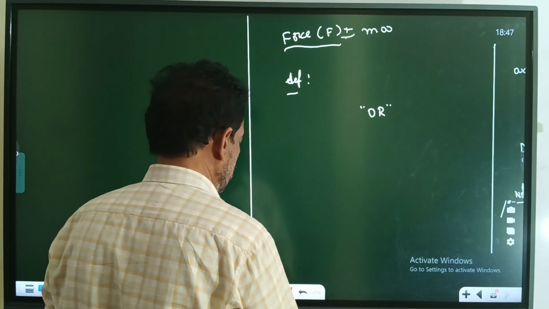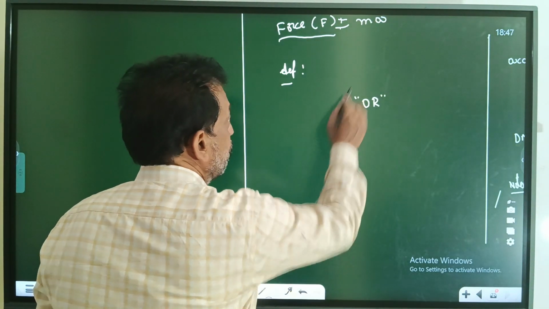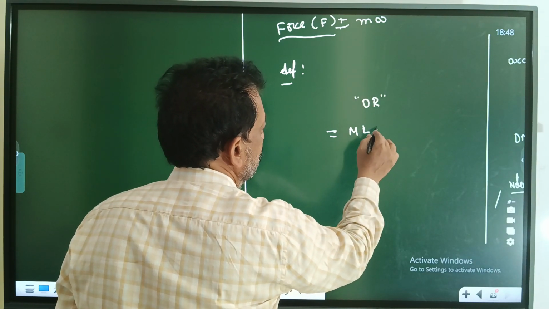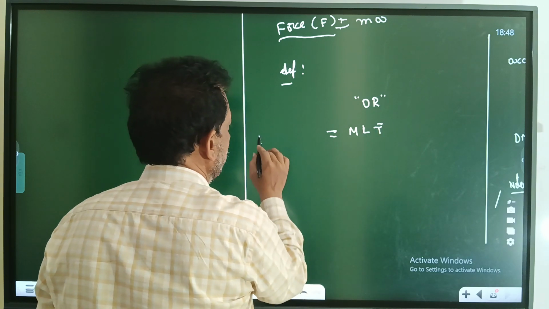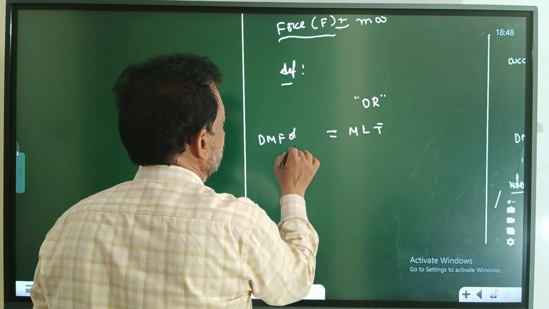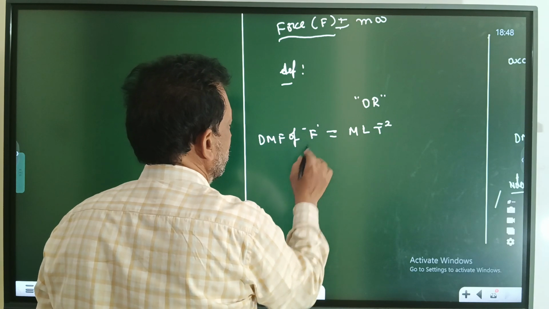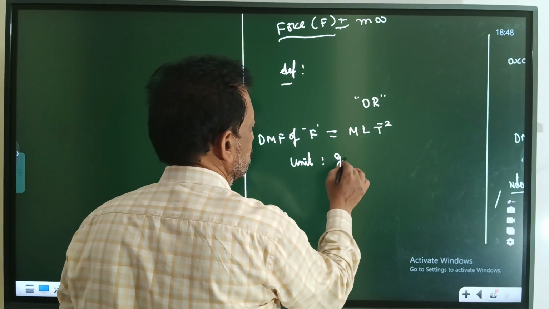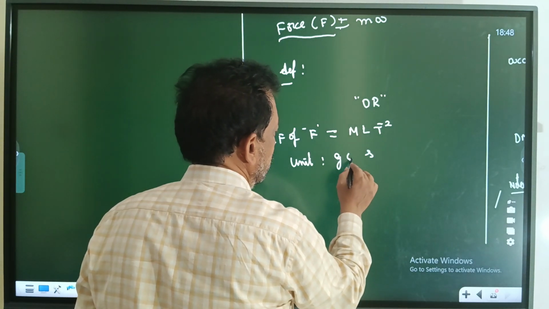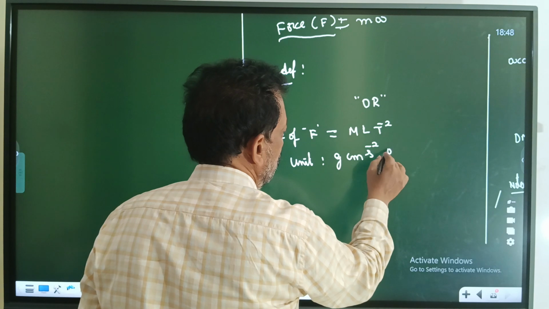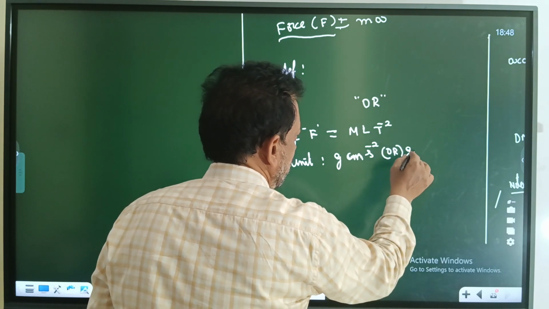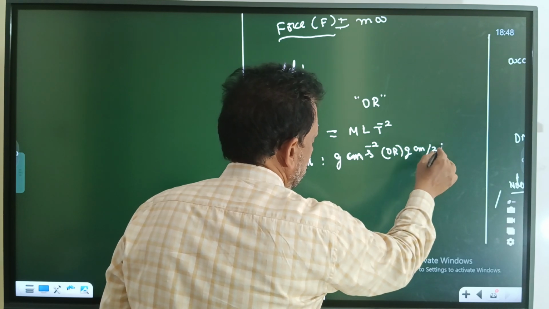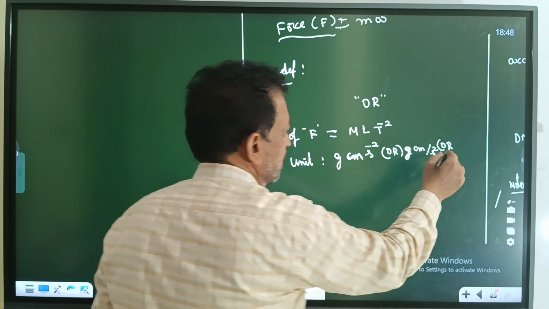Now coming to force equal to ma. What do we get? M, and acceleration is L T to the power of minus 2. We got the dimensional formula of force. Now the unit: in the CGS system, it is gram centimeter second raised to minus 2, or gram centimeter per second square, or dyne.